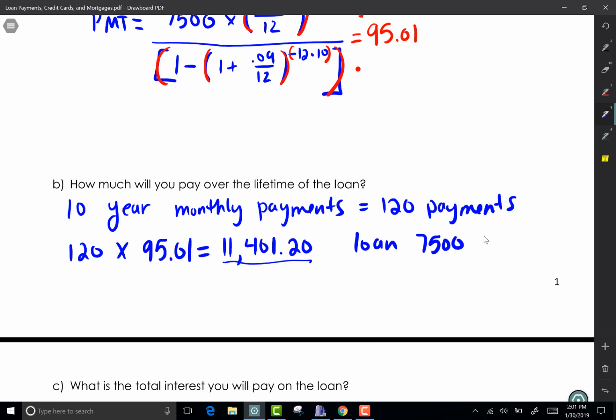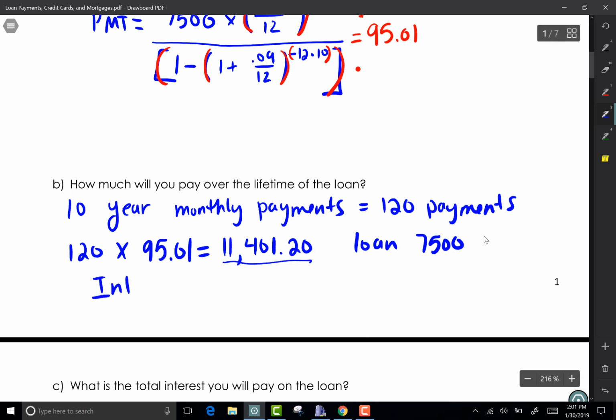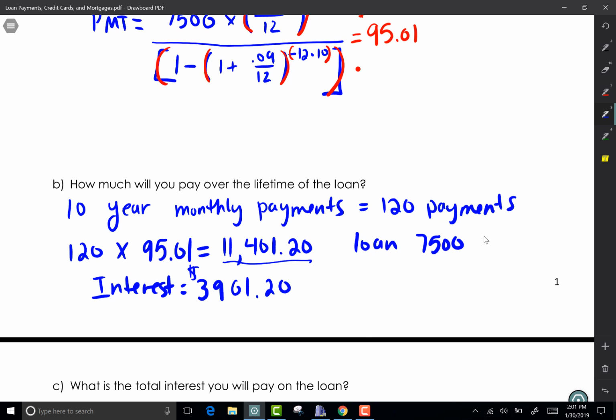So I can figure out what the interest is. If I take the 11,000 number and I subtract my loan, which is the 7,500, I get $3,901.20. So I paid almost $4,000 in interest for a $7,500 loan.